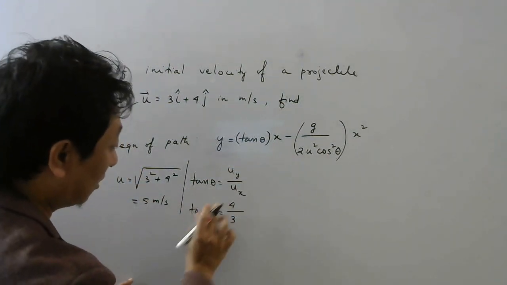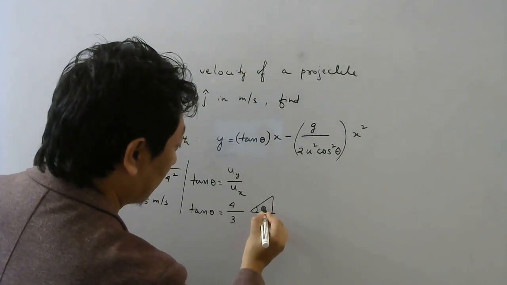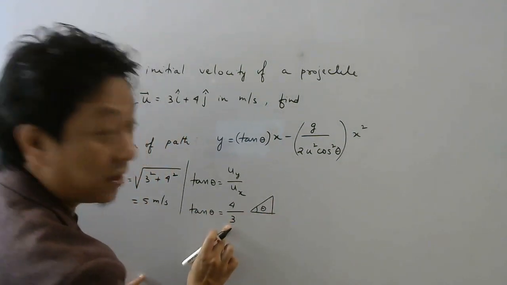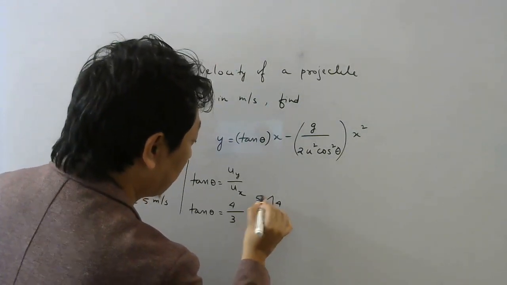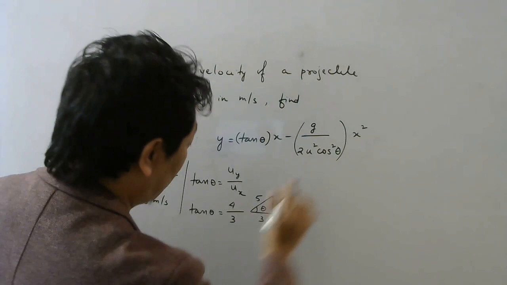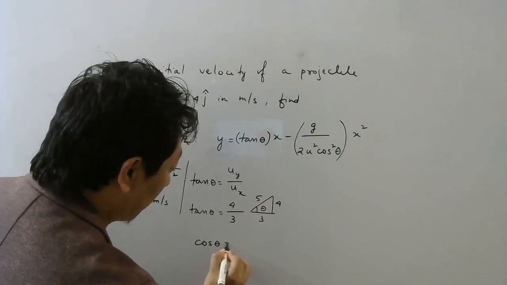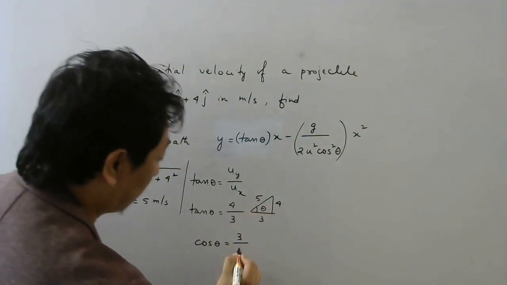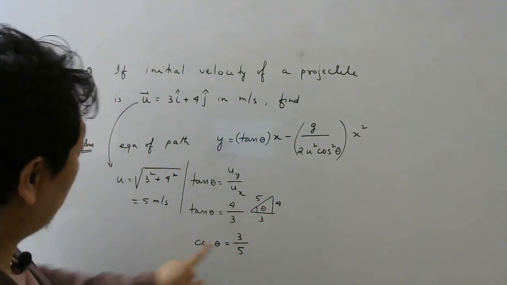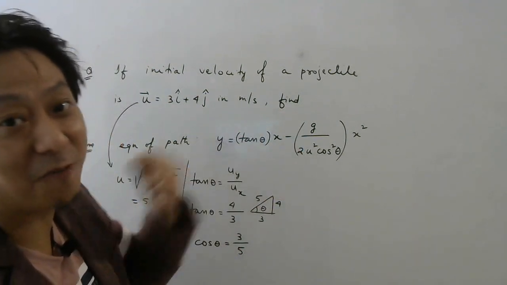So if tan theta is 4 by 3, it means if you draw a triangle here, then tan theta is opposite by adjacent. So this is your 4, this is your 3 and this is your 5, isn't it? So cos theta will be what from this triangle? Cos theta will be adjacent, which is 3, divided by hypotenuse, which is 5, right? So we know all the quantities which we need in order to write the equation of path.